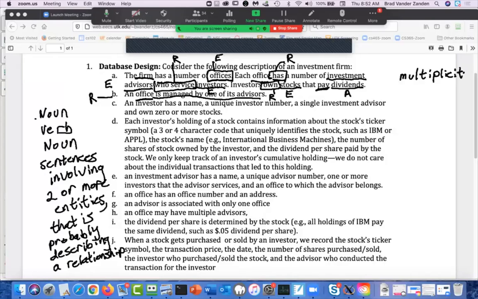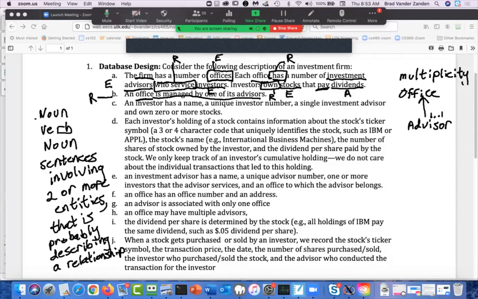Okay, the number of times an entity is instances of an entity in a relationship. And we're saying an office is managed by one of its advisors. Essentially, what we're saying here is that when we show this in the entity relationship diagram with an arrow, an advisor manages an office, and it is managed by exactly one advisor, one and exactly one.